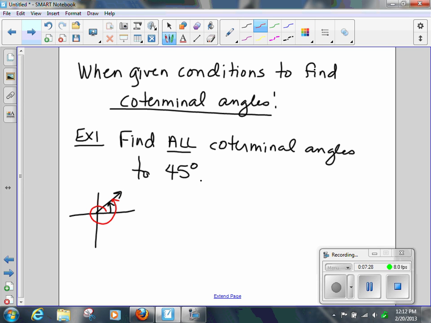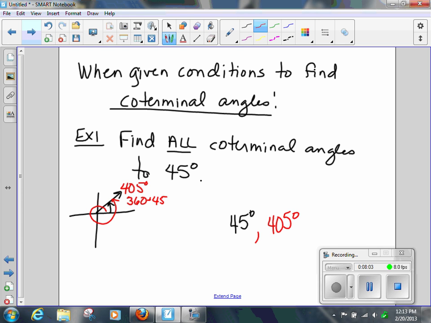What is the measure of my red angle? Why is it 405? 360 plus 45, which is 405. Okay, so Wyatt, you're saying, all right, 45 degrees. Another angle that is coterminal is 405 degrees.